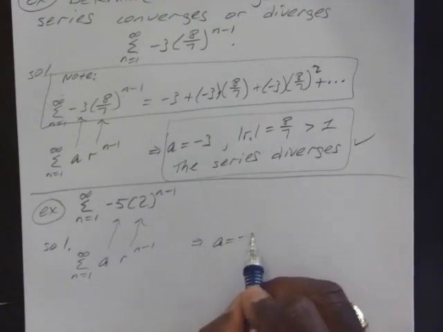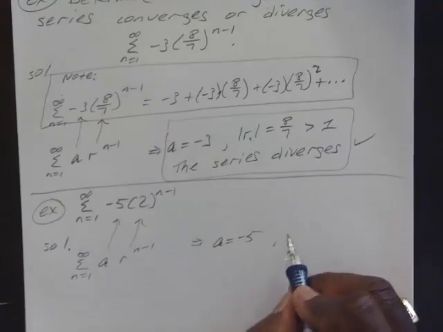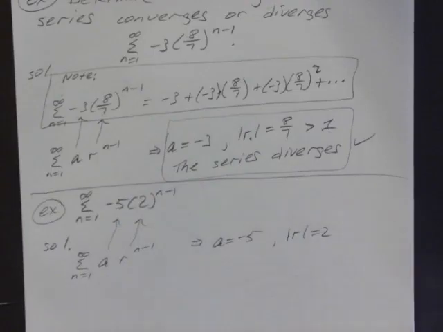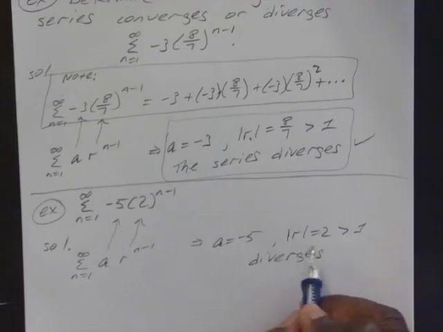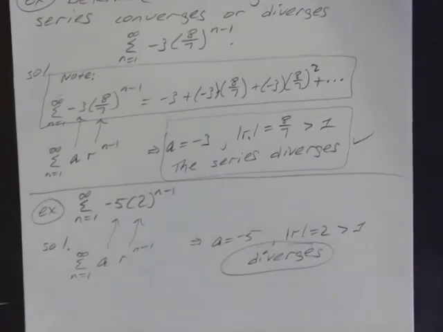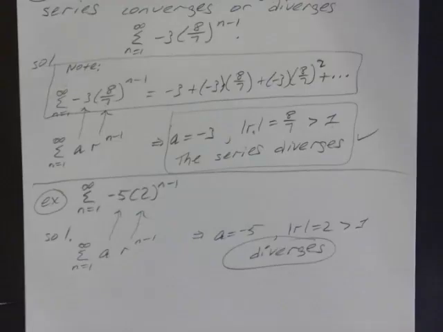You see that a is equal to -5, and the absolute value of r is equal to 2, which again is greater than 1. So that geometric series comes in very handy.